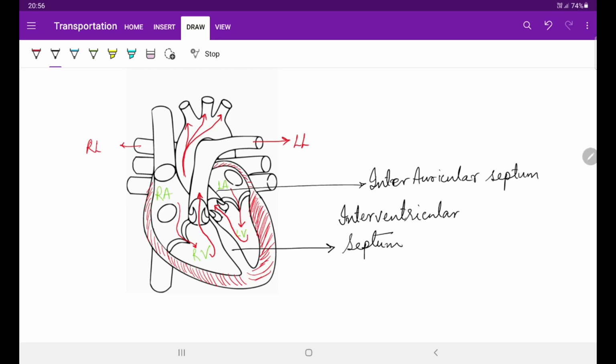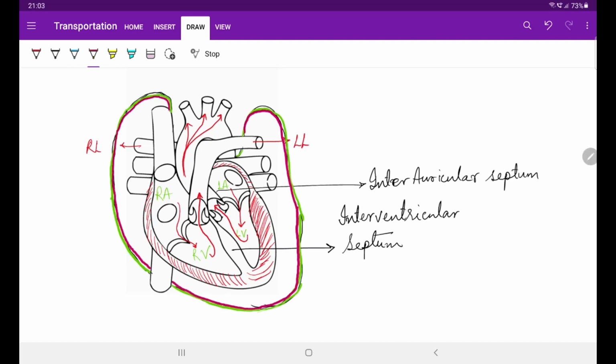The separation of the chambers is one of the most important and advanced features of the human heart, as it is only seen in mammals, because no other animals until mammals have four chambers that are separated. So, the intermixing of blood is very much evident in other classes of animals except mammals.